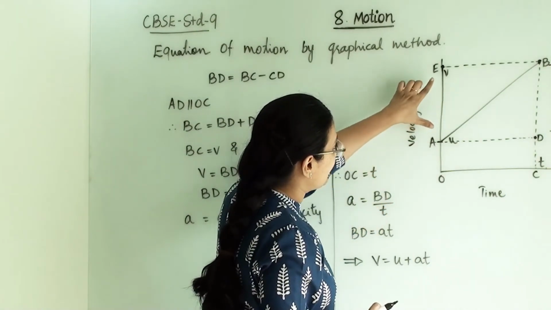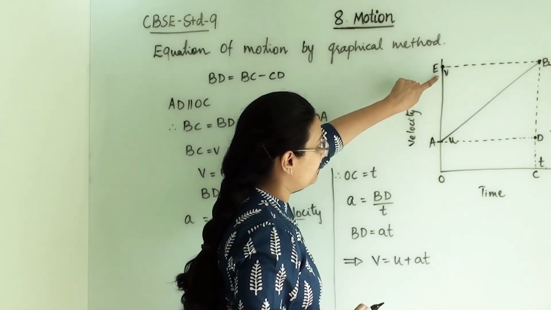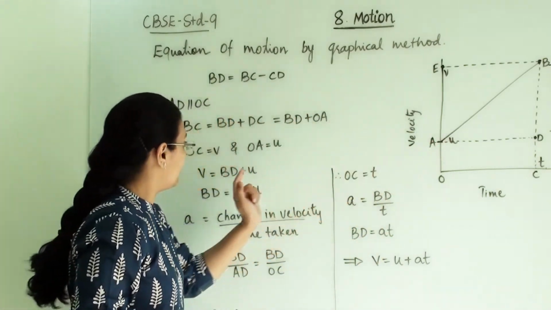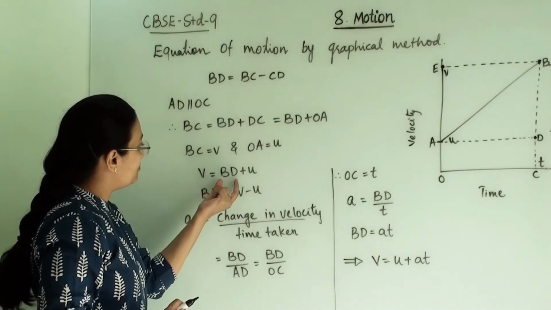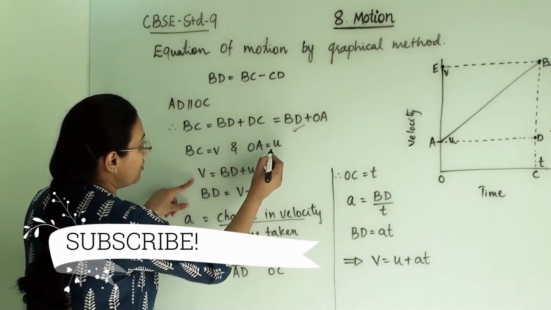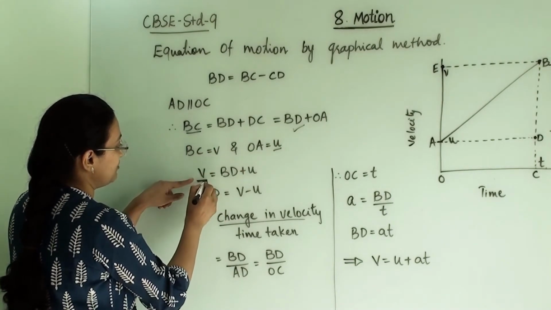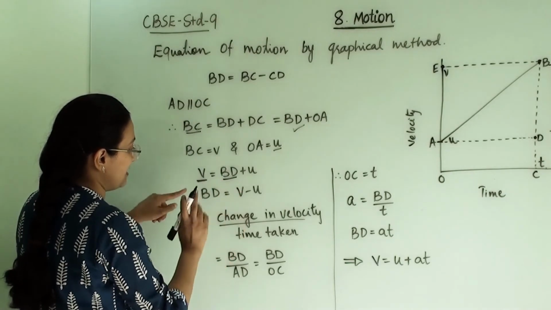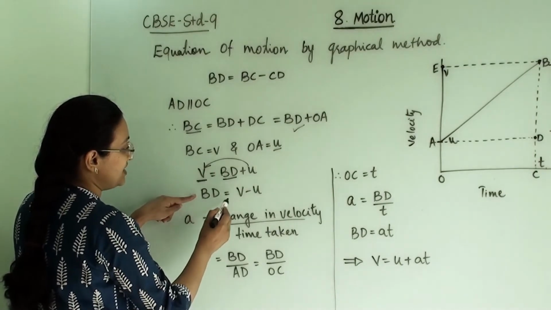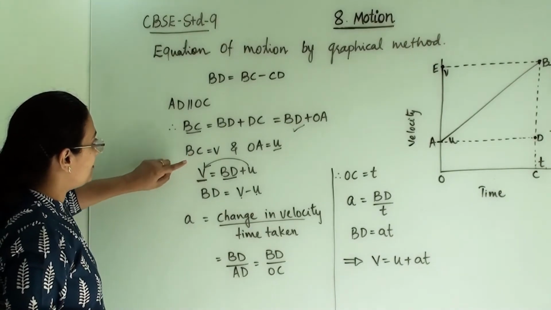BC is the complete V and OA is U. So V equals BD plus U. Here in this equation we are putting BD plus U, with OA as U and BC as the final velocity V. BD remains the same. So once we take this U to this side, we get BD equals V minus U.